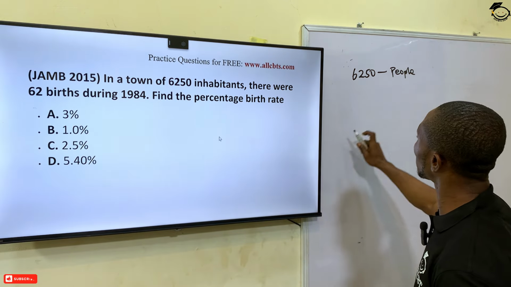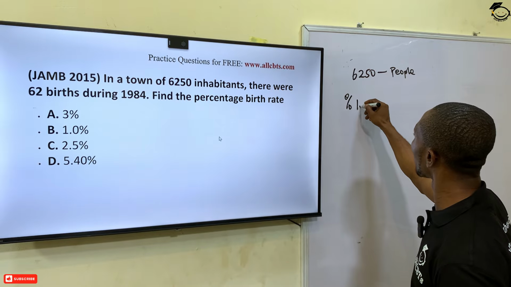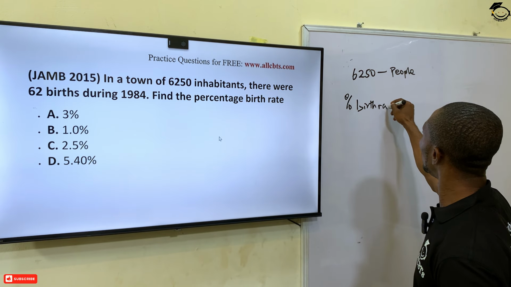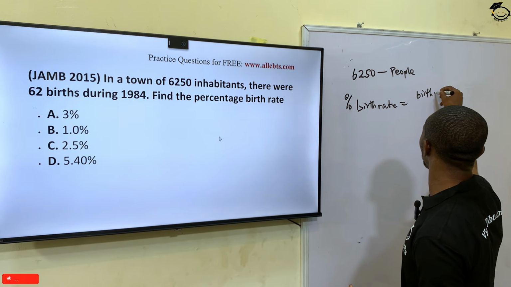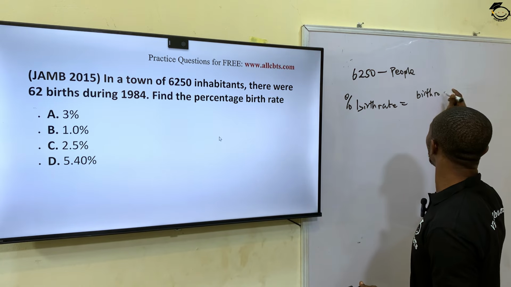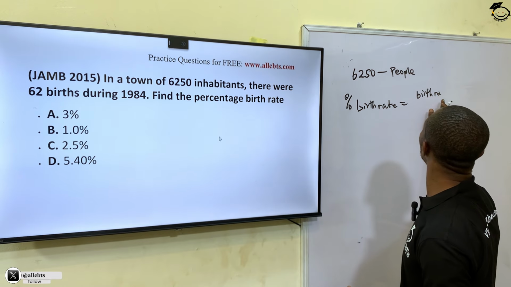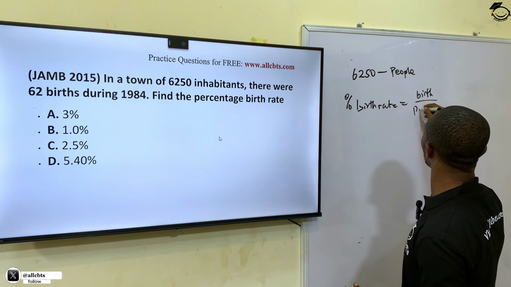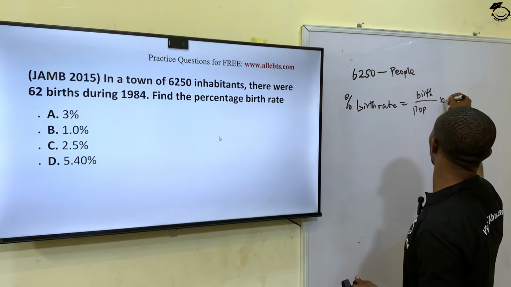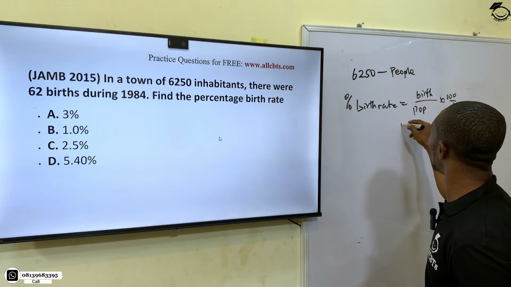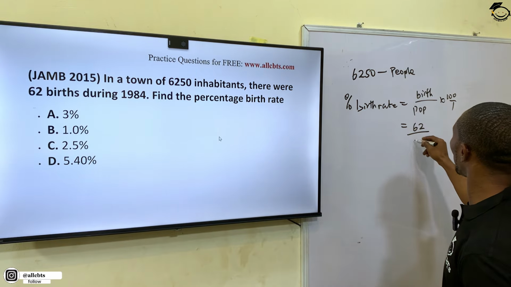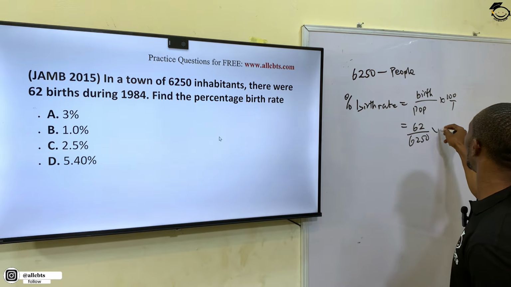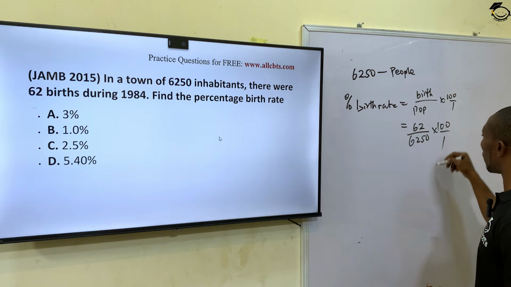So if you're looking for percentage birth rate, we'll be using the formula birth rate, births over population times 100 over 1. So in that year, they had 62 births over the population 6,250 times 100 over 1.